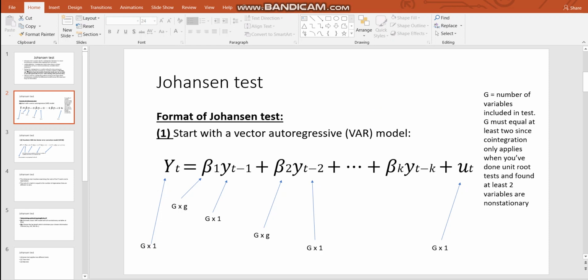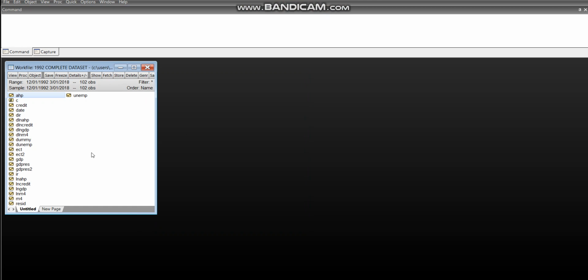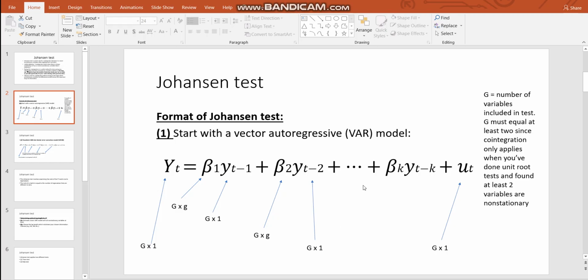So just to give you an idea of what that is, I'll be doing the Johansen test using 5 variables. So that means in my system of equations I would have the average house price, credit, the money supply, the interest rate, and the unemployment rate. That's in my particular example.